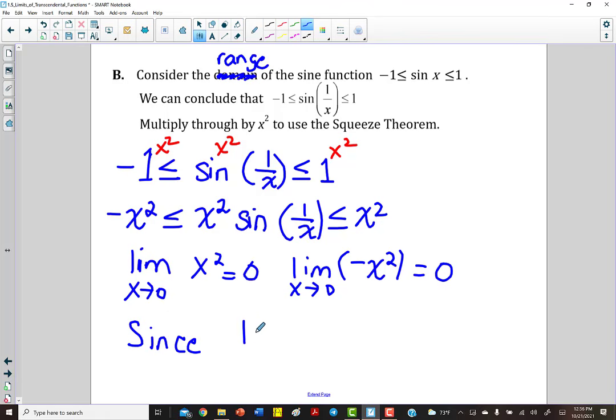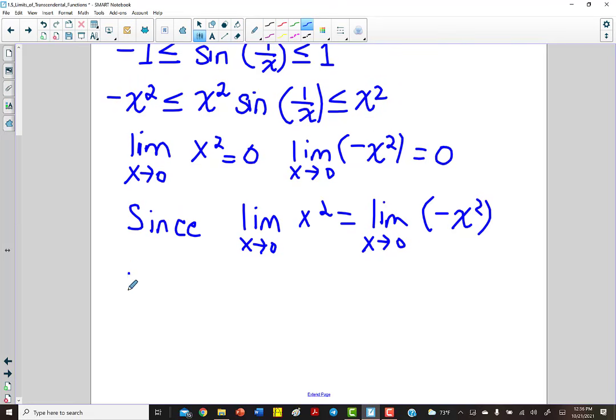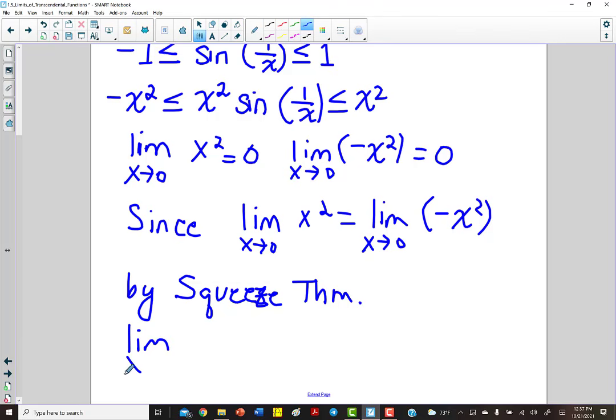And we could say since the limit as x goes to 0 of x squared is the same as the limit going to 0 of -x squared, then by the squeeze theorem, we can say that the limit going to 0 of x squared times the sine of 1 divided by x is also 0.